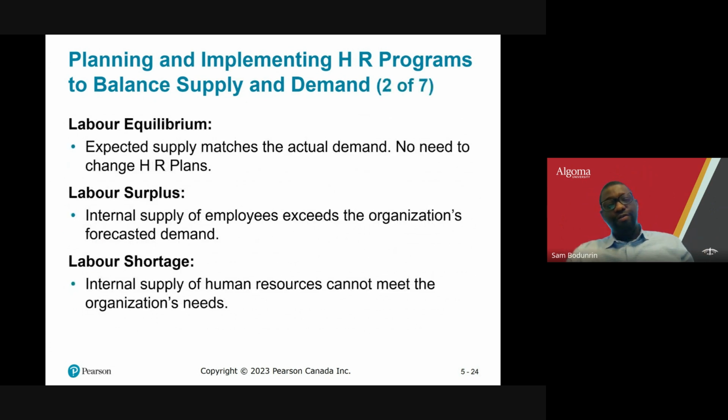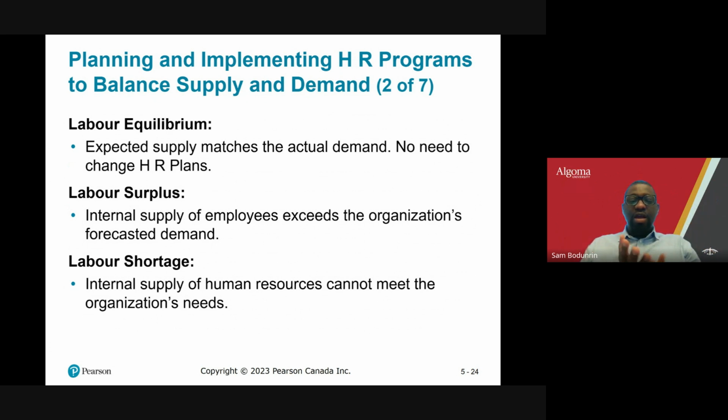Now, if we have HR planning, two things are about to happen. Just like I said, you need to plan so that your supply will not be more than demand. There must be equilibrium where demand and supply meet.